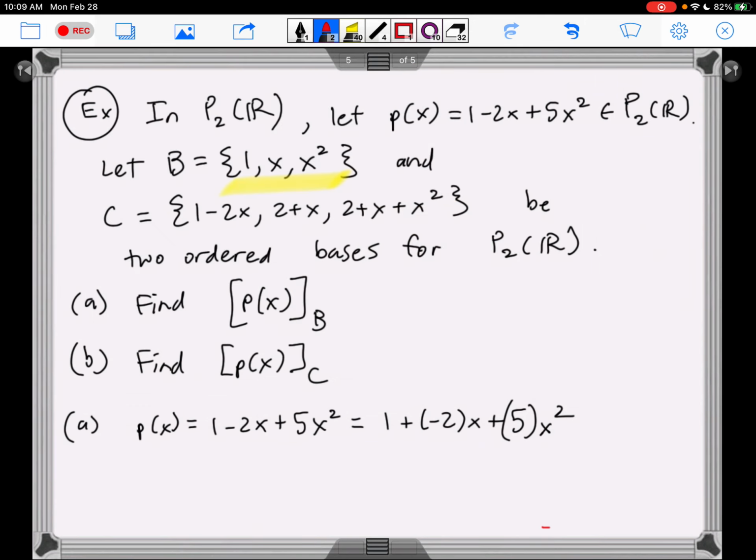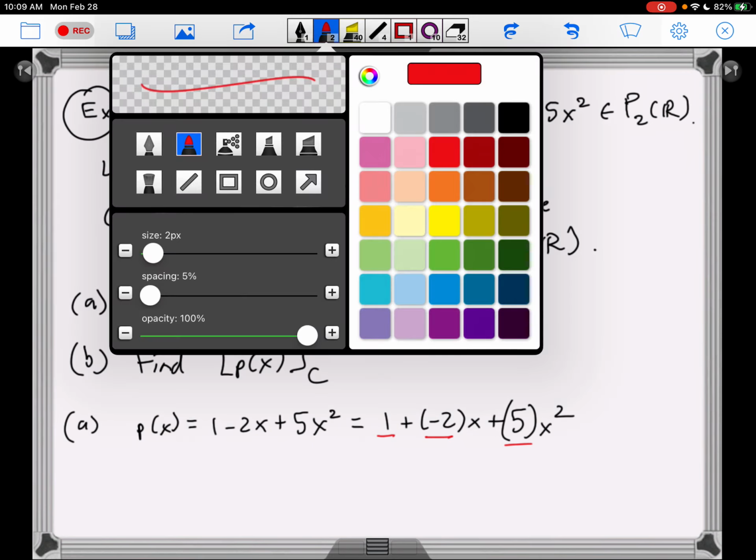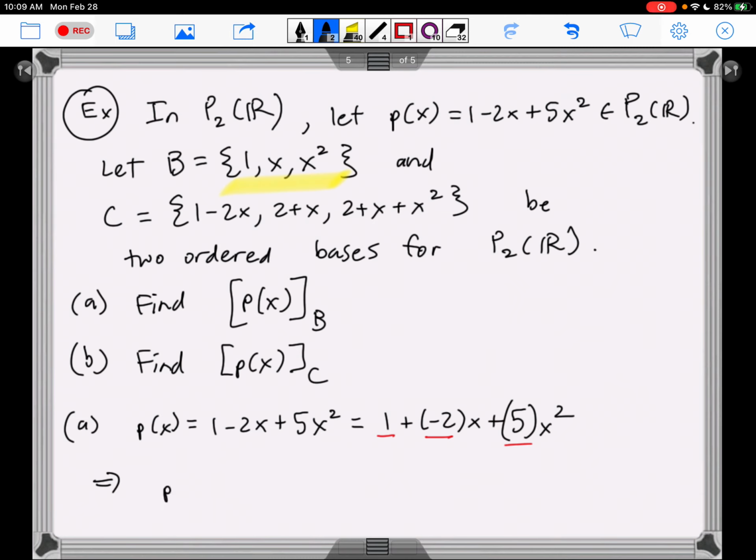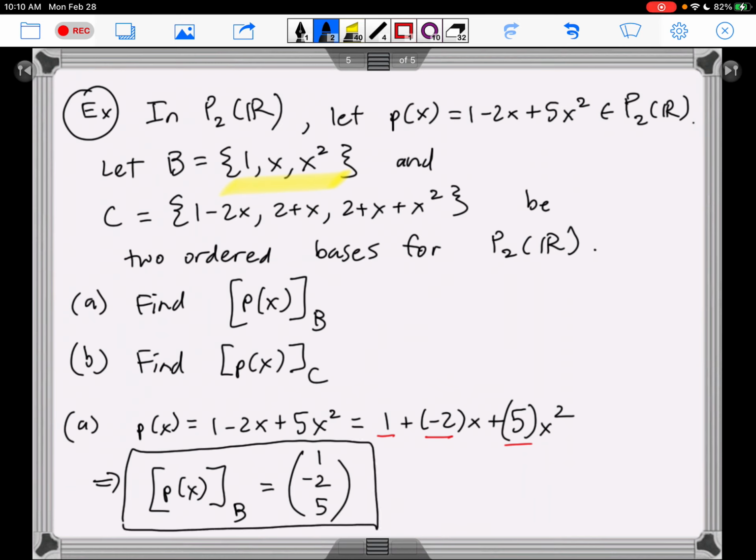You notice that the constants are the exact constants in the problem, right? Because this is a simple basis. Our polynomial coefficients just became our coefficients in the linear combination. And so this means that p(x) relative to that basis, you can call this essentially the standard basis, is just going to be the following vector.